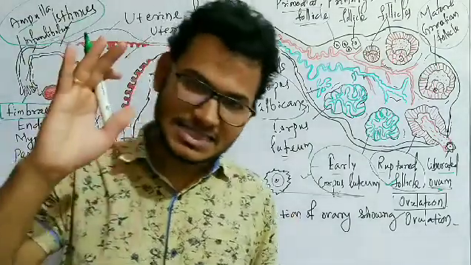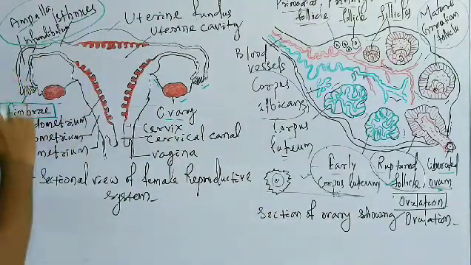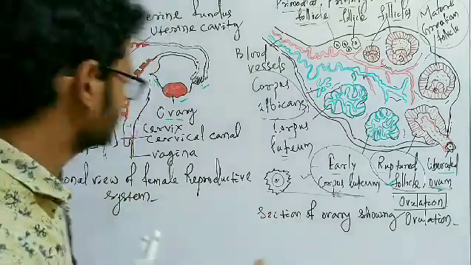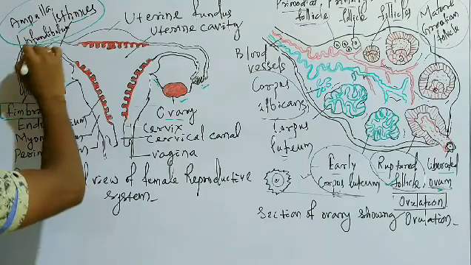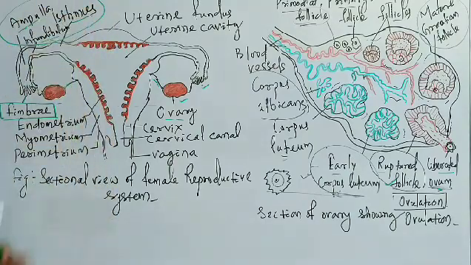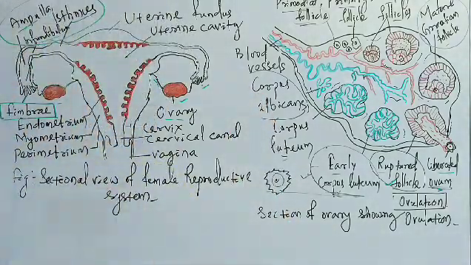So we can divide this fallopian tube or uterine duct into three different parts. The finger-like projections are the fimbriae. Away from that, this duct is divided into three parts: infundibulum, ampulla, and isthmus. These are the three important parts of the oviduct.